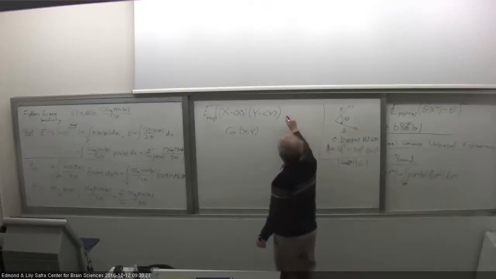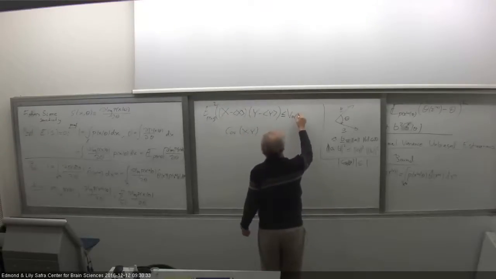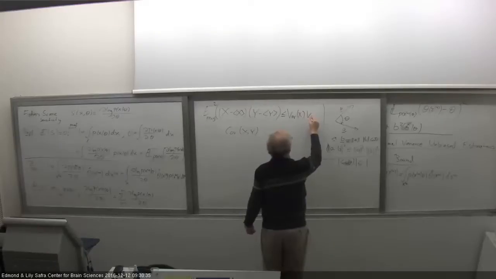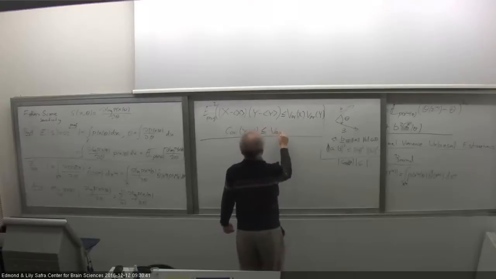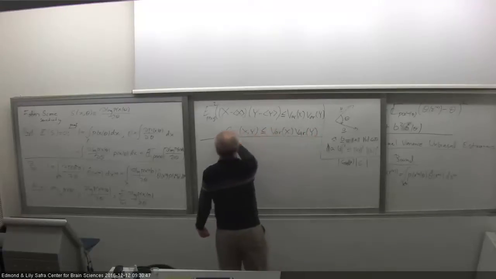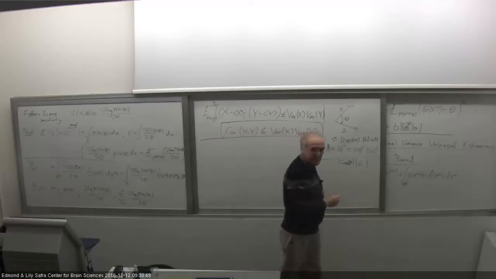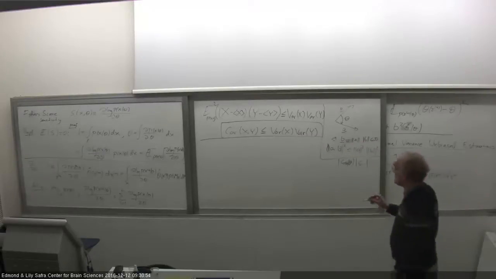So what is the analogy? This square is less than the variance of x times the variance of y. So covariance squared is less than the product of the variances. This is essentially the statistical Cauchy-Schwarz inequality. Always.